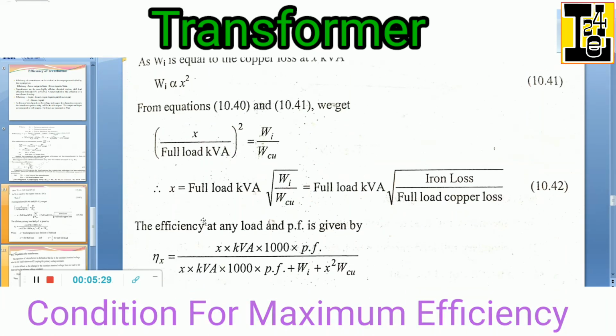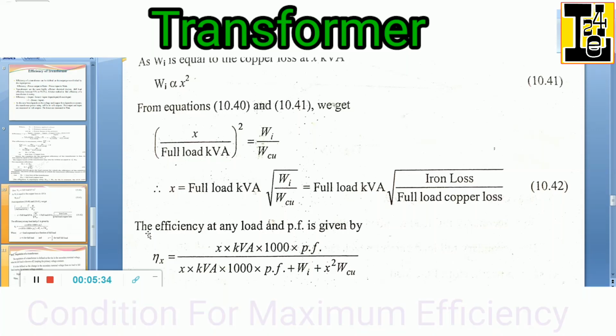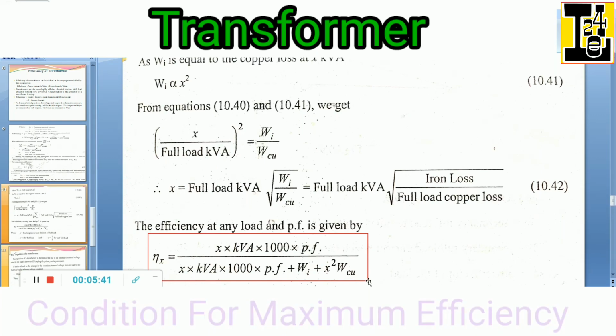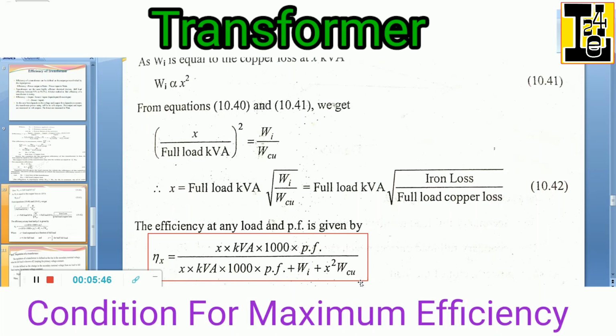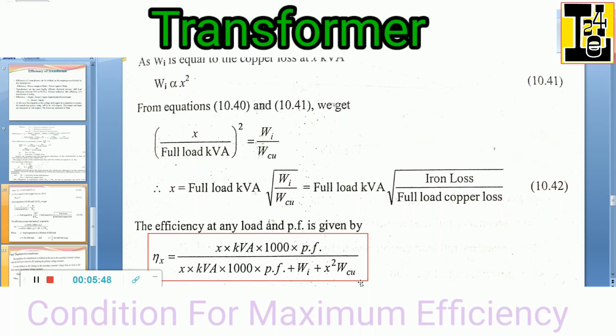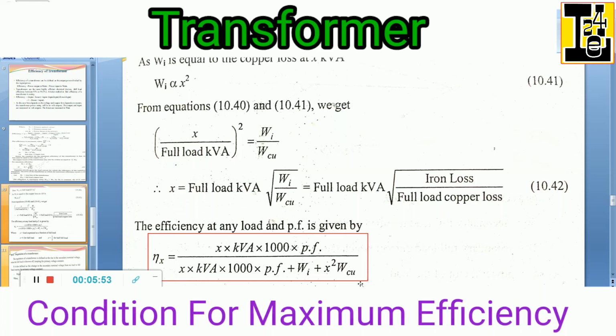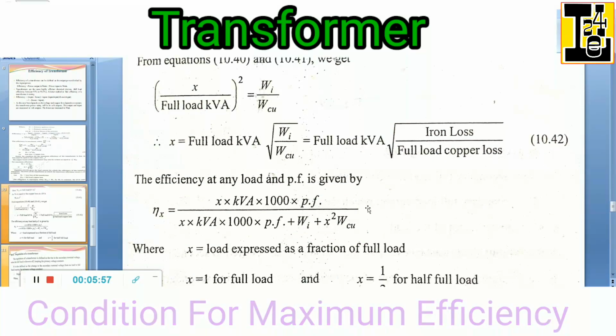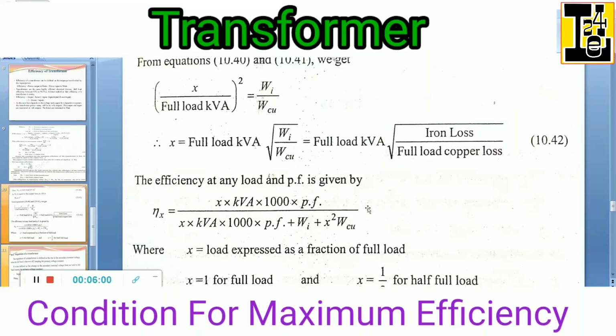Hence, the efficiency at any load and power factor is given by eta X equals X into kVA into 1000 into power factor, whole divided by X into kVA into 1000 into power factor plus Wi plus X square into WCU, where X is expressed as a fraction of full load.